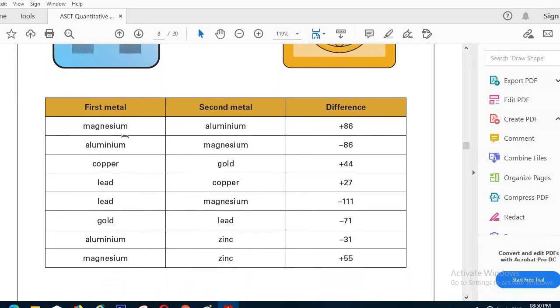In this table, there are six metals: magnesium, aluminium, copper third, gold fourth, lead fifth, and zinc sixth. There are six metals, so we would need a linear equation with six variables, and it would be very difficult to solve.